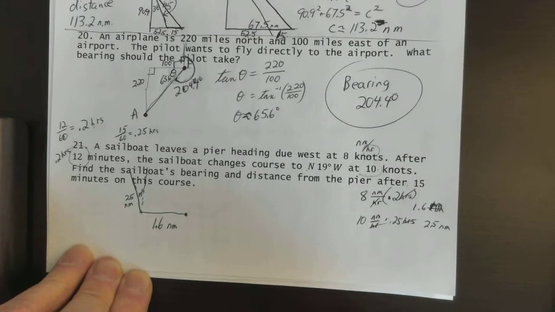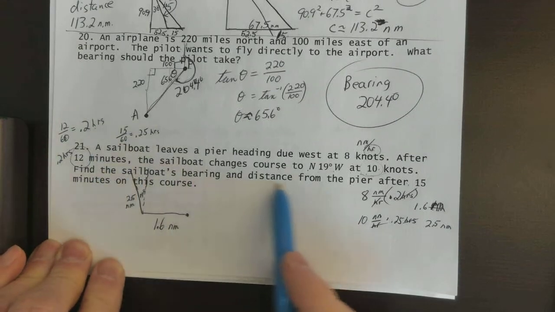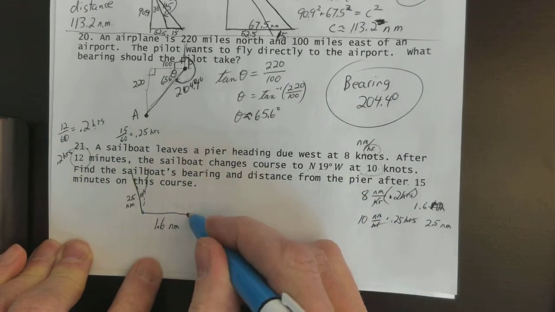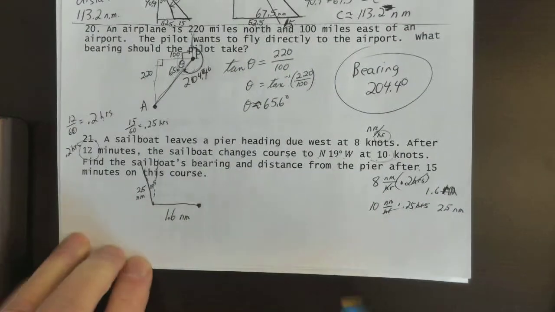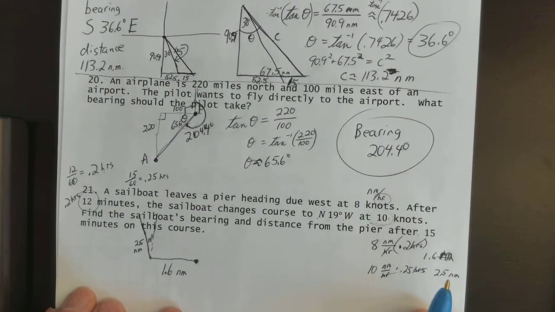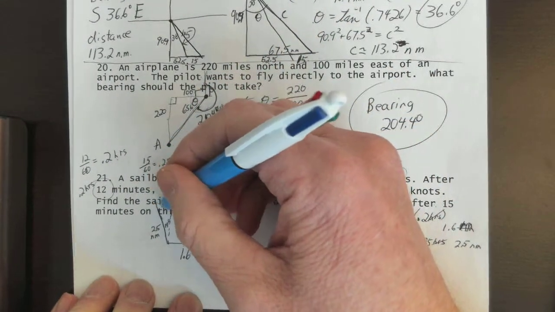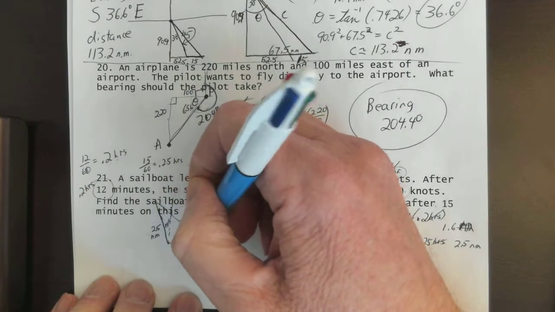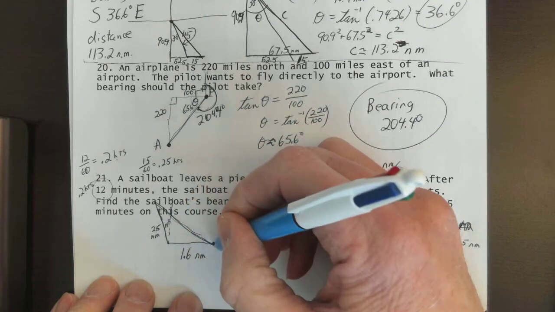So, find the sailboat's bearing and distance from the pier, from right here, 15 minutes on this new course here. Here is our bearing, or here's our distance right here.